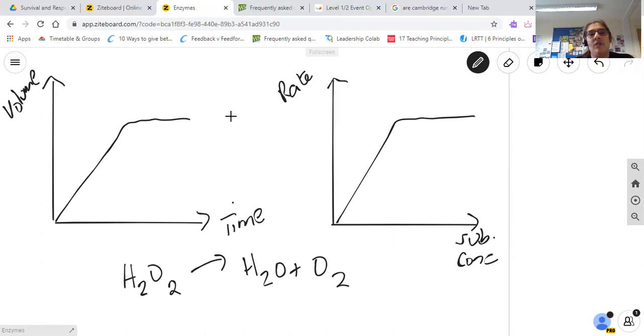In this reaction, what we're doing is we're changing the concentration of hydrogen peroxide and measuring how quickly a certain amount of oxygen is produced. And as you increase the substrate concentration, the rate gets faster to produce that certain volume until the rate is constant. So you're still making oxygen, but you're making it at the same rate each time. And that's when the enzyme has become limiting. So just be careful on these two graphs that you look really carefully at what is on the two axes.